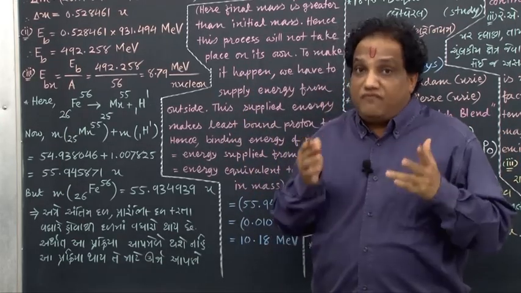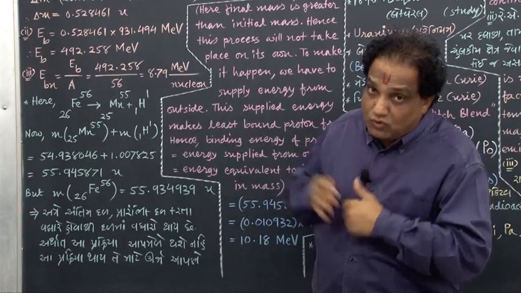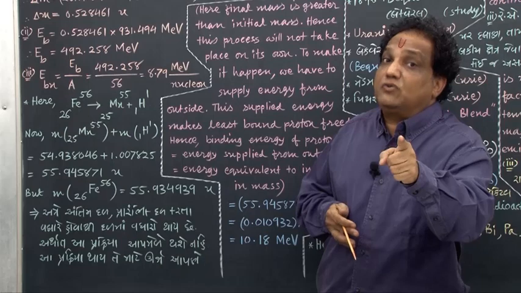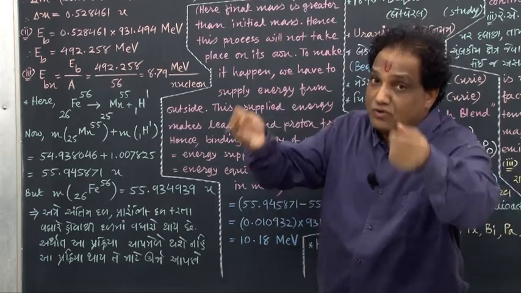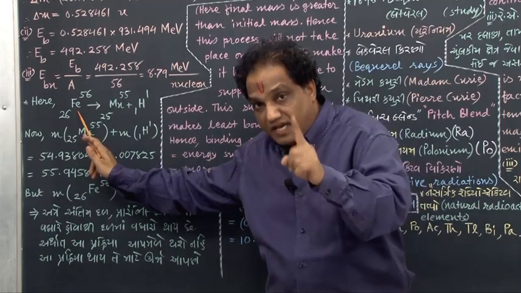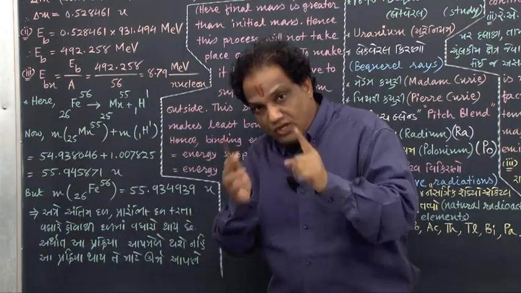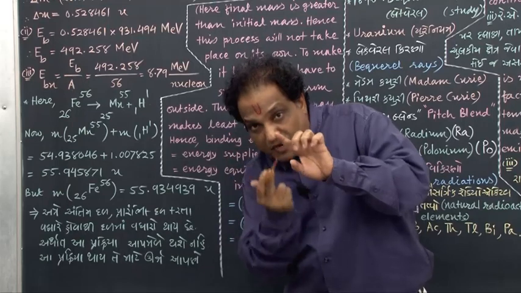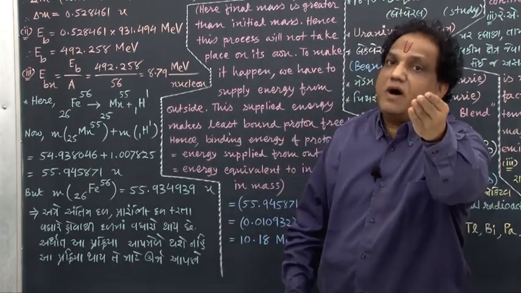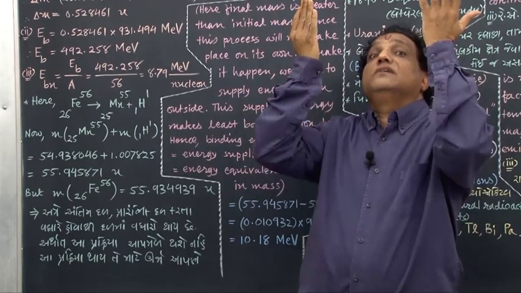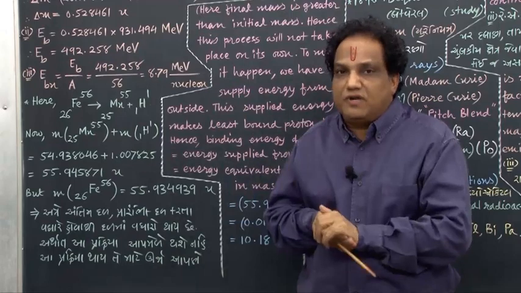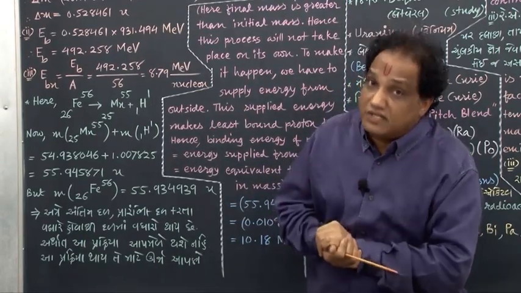So now if we want that process to happen, then we need to supply some energy from outside. In the input, we must supply some external energy, and your energy supplied will get converted into equivalent mass, and that's why mass is increasing. So this process, if we want to make it happen, we must supply energy.